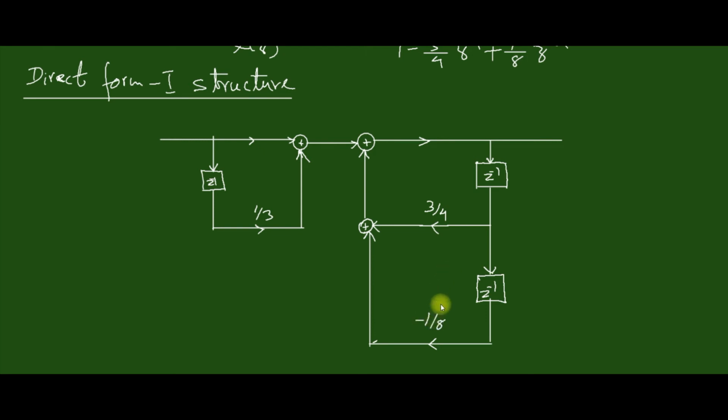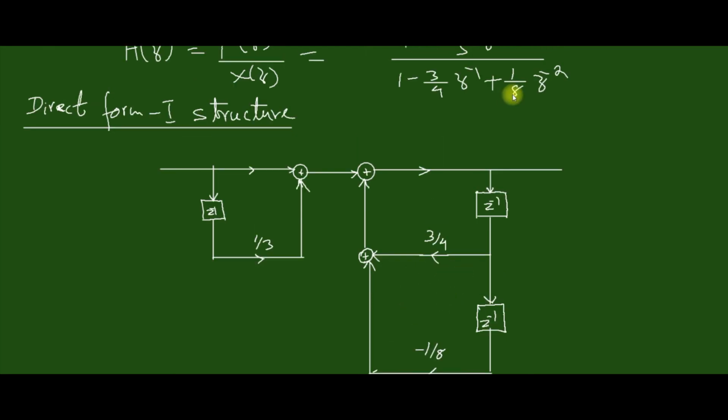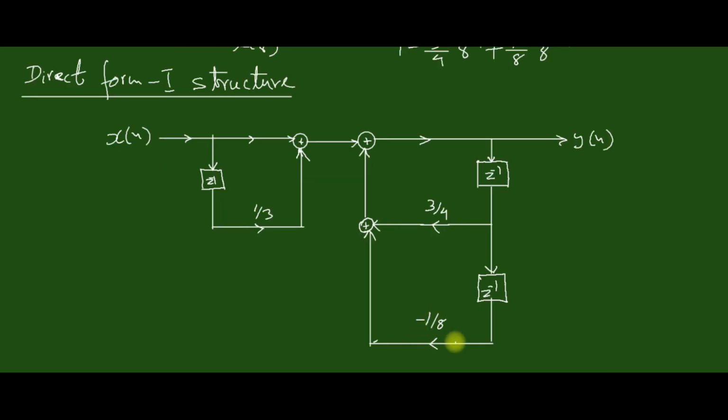A2 is 1 by 8, the corresponding A2 written here as minus 1 by 8. Then give the input x(n), then the output y(n), and put all the relevant arrow marks. Now the direct form 1 structure is over.